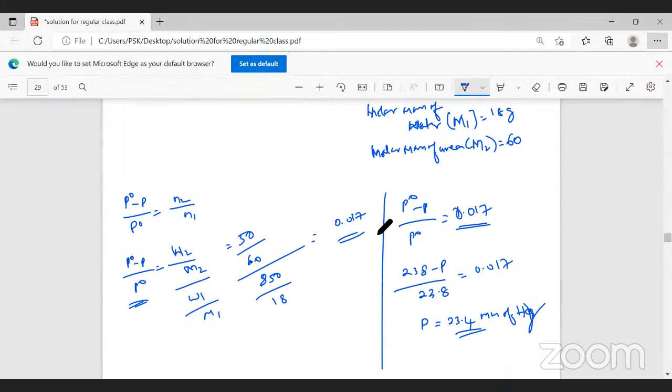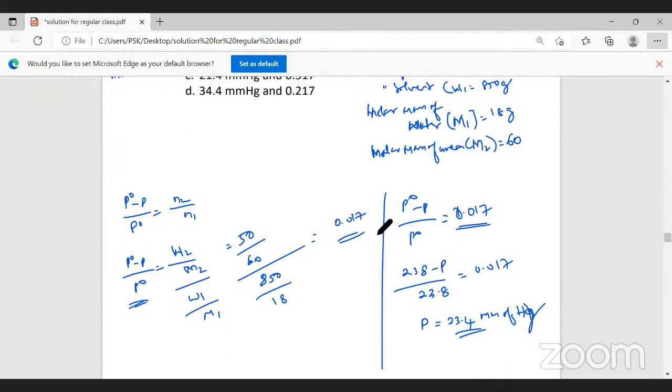Is it clear with this problem? Yes, sir. So relative lowering of vapor pressure is one of the colligative properties we have completed. In it, we spoke about Raoult's law. We learned the difference between ideal and non-ideal solutions, with non-ideal solutions showing positive and negative deviation.